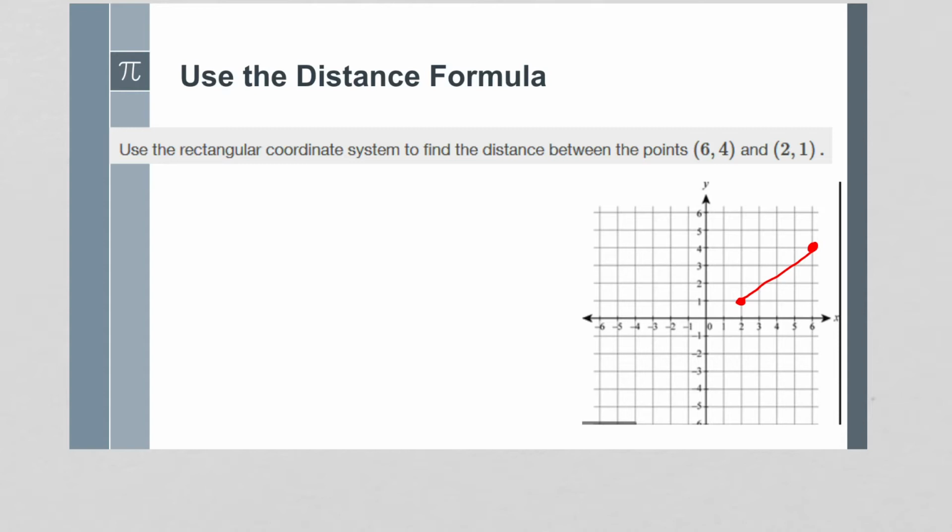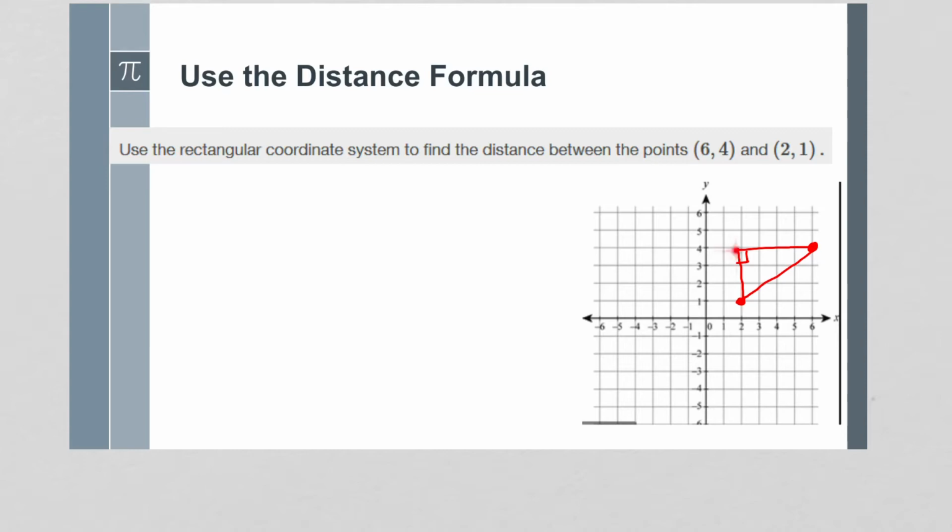So what we have to do is look at this as a right triangle. This is our right angle, so we're finding the hypotenuse of this right triangle. Now, you are allowed to count vertically, and you're allowed to count horizontally. You just can't count diagonally.